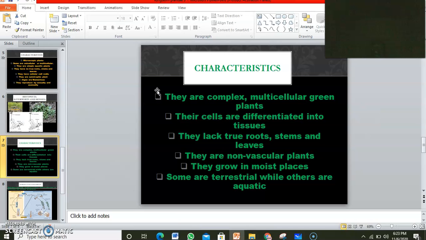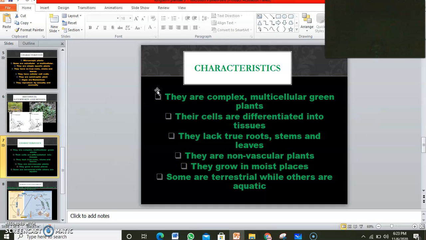Like the blood vessels in our body that transport blood, they have something that looks like that vessel, which is called vascular bundles. The vascular bundle is made up of xylem and phloem that transport nutrients in the plants. These plants don't have this.